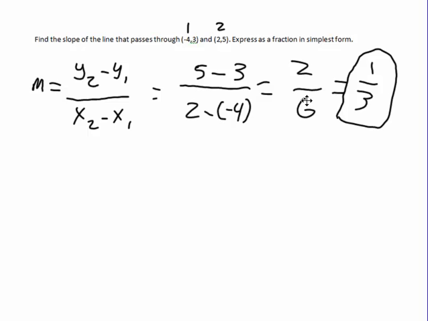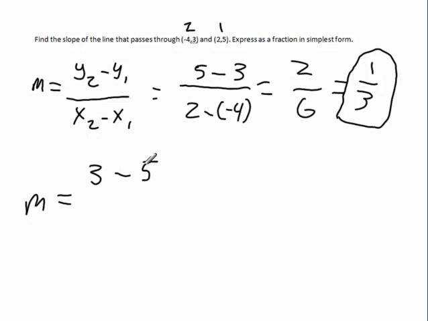Now wait, Mr. Stevens, would it be different if you had chosen the points in a different fashion? So now we're going to say this is my second point and this is my first point. So m is going to be, now my new y2 is 3, and my y1 is now 5.